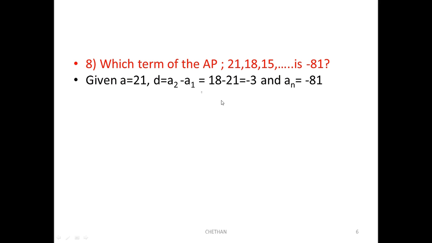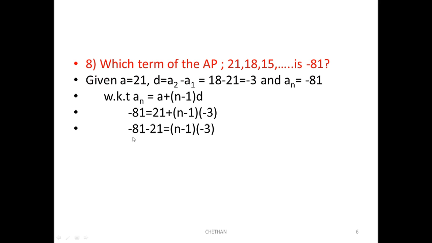We know the formula an is equal to a plus n minus 1 into d. I am substituting the values here. In the place of an, minus 81, in the place of a, 21, in the place of d, minus 3. We don't know the n value, so n minus 1 stays. First we remove 21 from the right side to the left side, so it becomes minus 21 along with minus 81, and minus 3 into n minus 1 stays here.